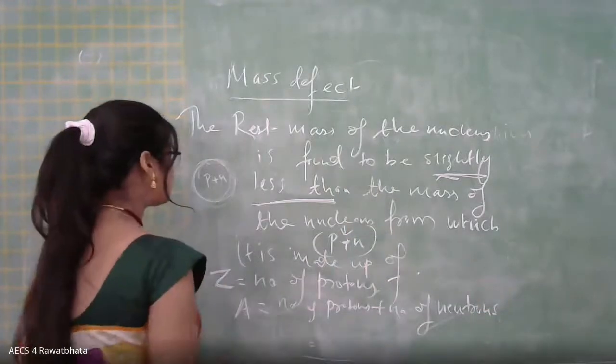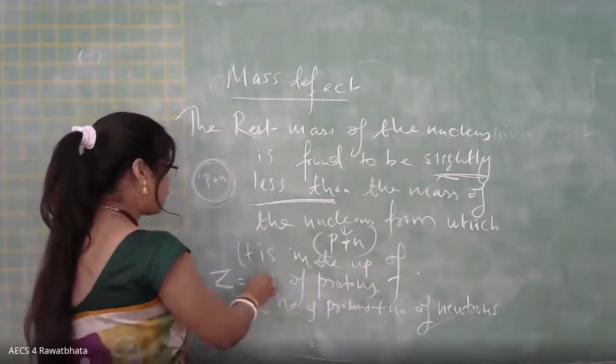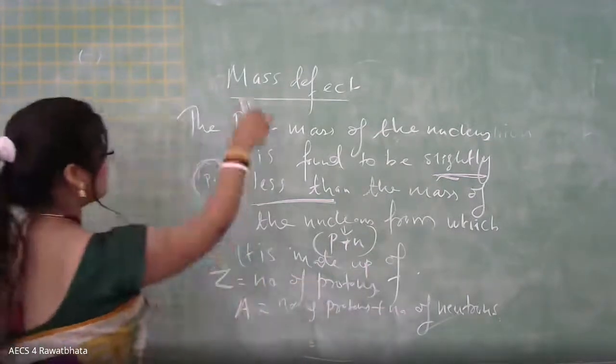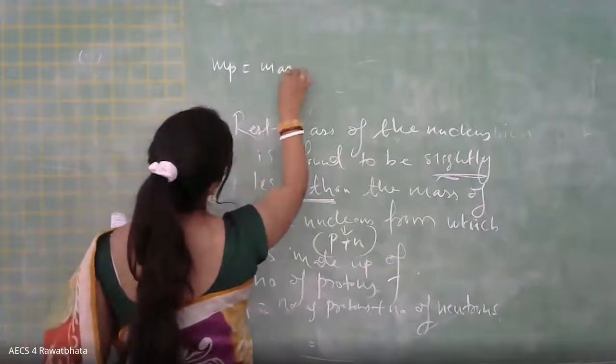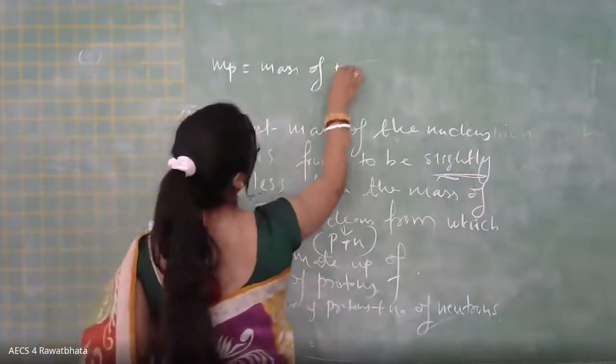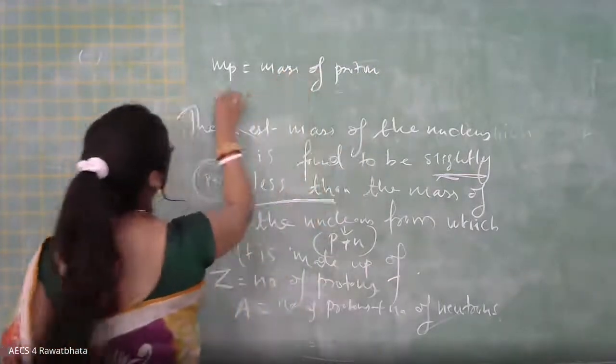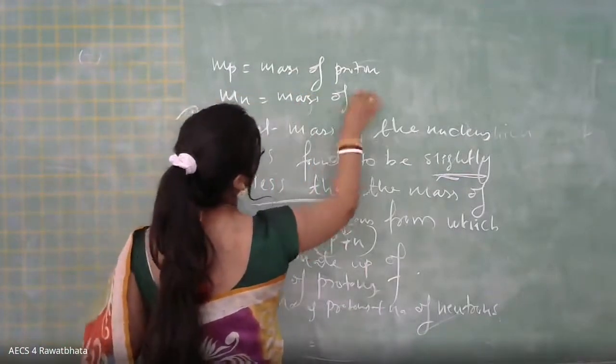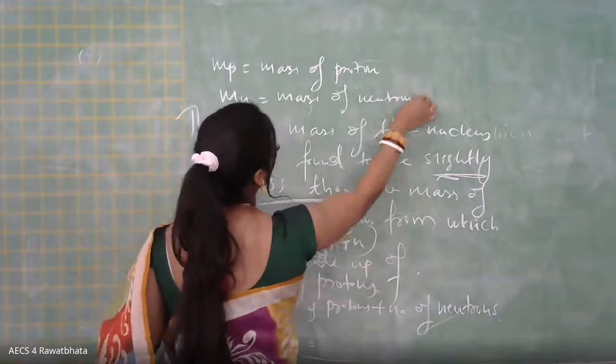Now suppose Mp denotes the mass of a proton, and Mn denotes the mass of a neutron.